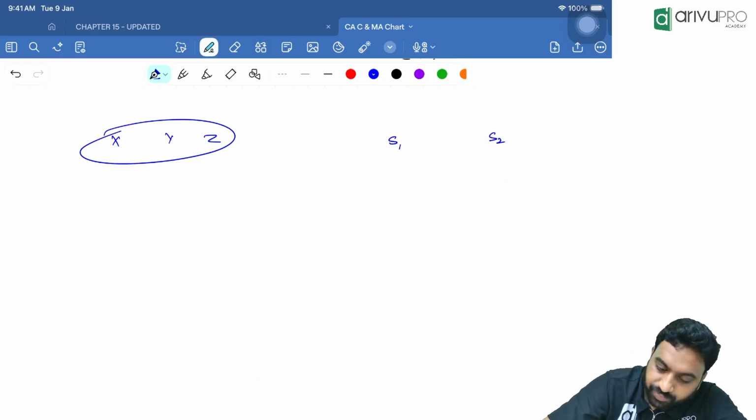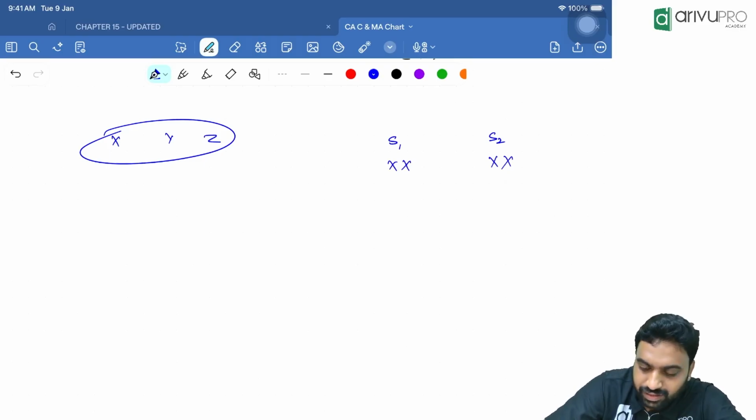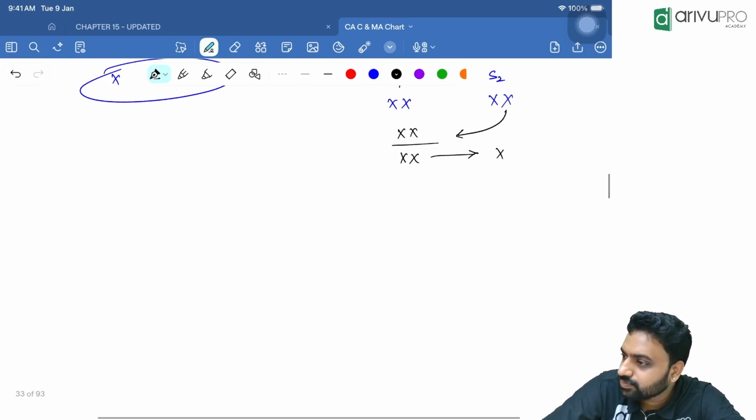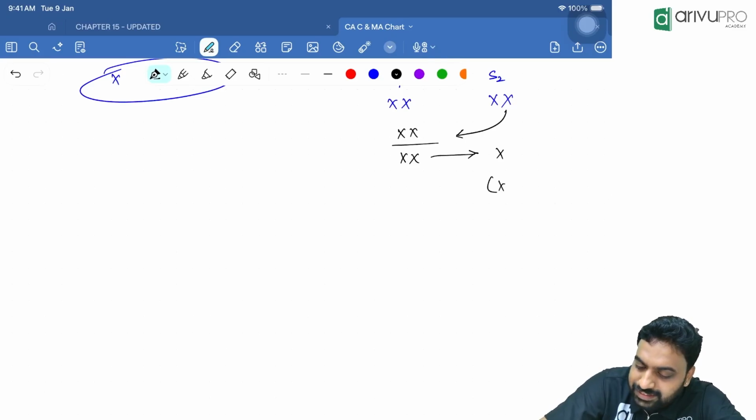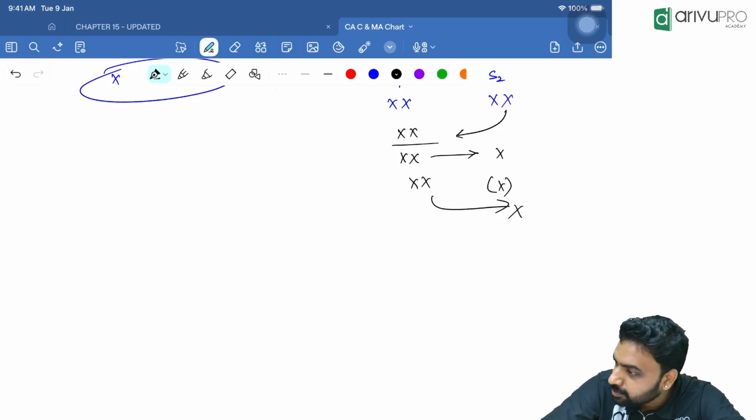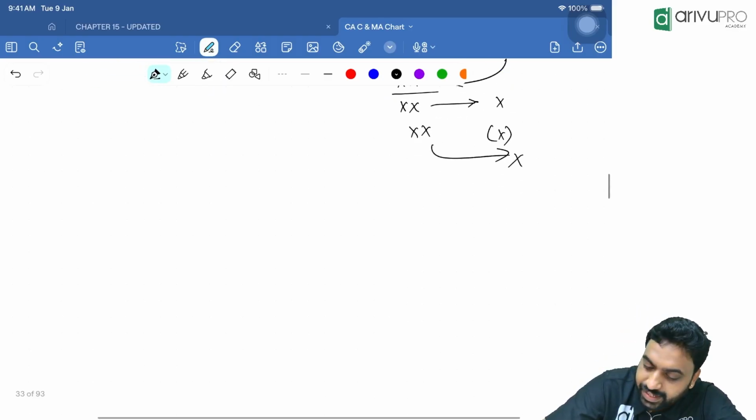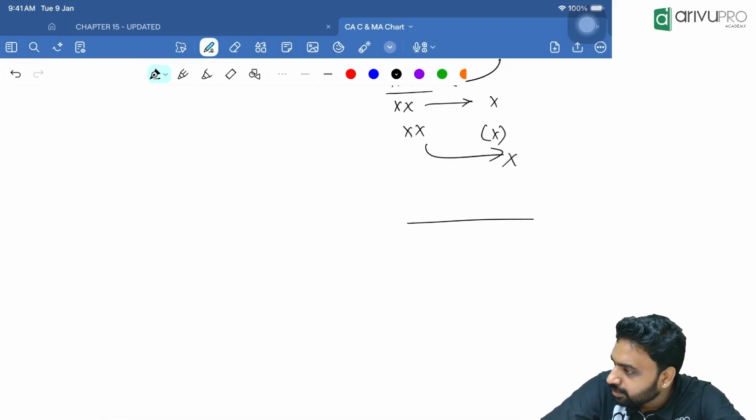Let's say only S1 and S2 are there. They have some overhead. S1 will provide some portion to S2. Now again S2 will provide some portion to S1. Again S1 will provide some portion to S2. Like this, only service departments will take, and finally that will become a negligible value.